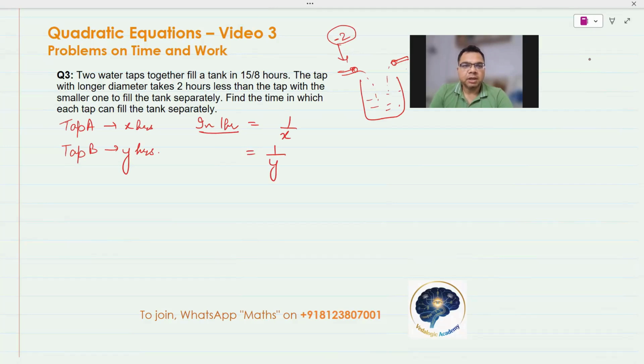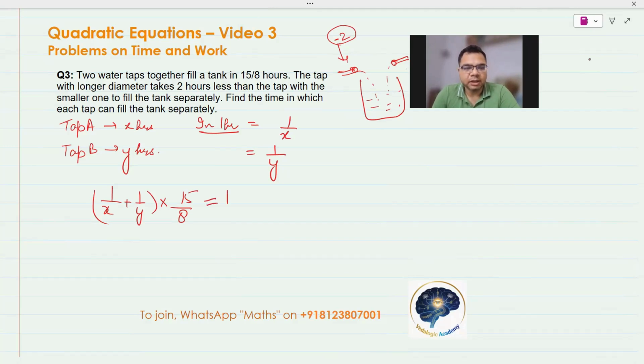Okay. Now it says together, these taps take 15 by 8 hours to fill the tank. So together in 1 hour they are filling this much part, and to fill the whole part it is taking this much time, right? Okay. So this is one thing that we have: 1 upon x plus 1 upon y, into 15 by 8, equals the whole tank gets filled.